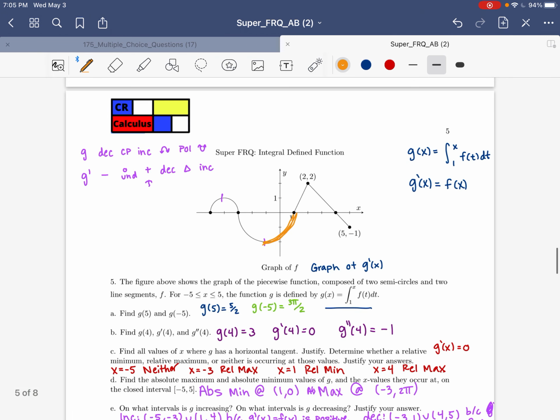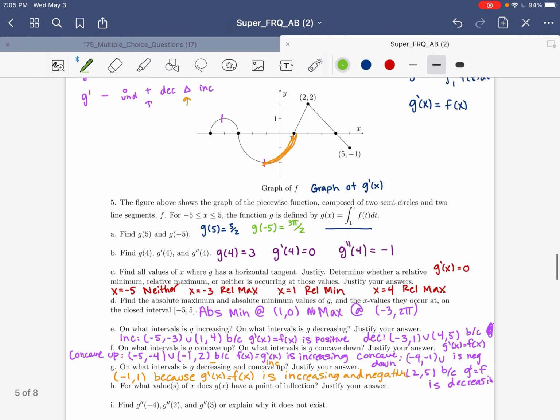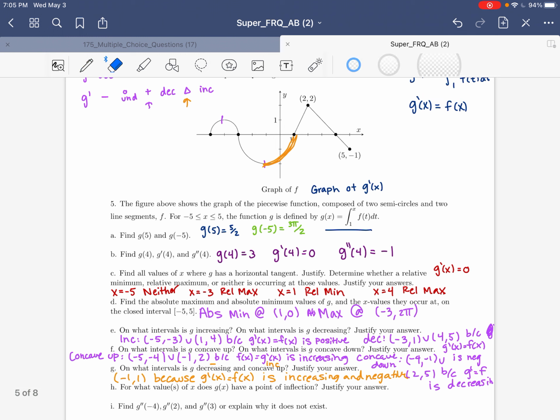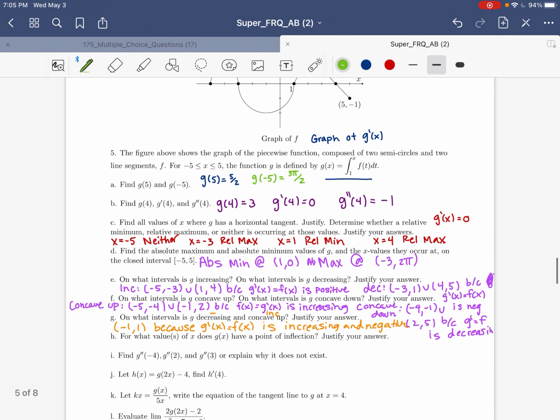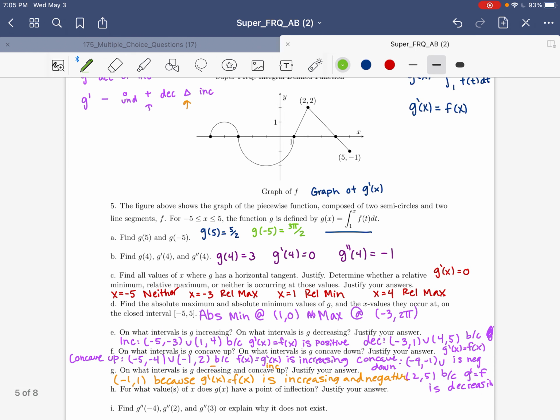Okay, where does it have a point of inflection? So our point of inflection means change. So we're going to look for where it's changing from decreasing to increasing or increasing to decreasing. And that's going to happen a couple places. So first off, here it's increasing. It starts to decrease right here at x equals -4. Then it's decreasing until we get to x equals -1.